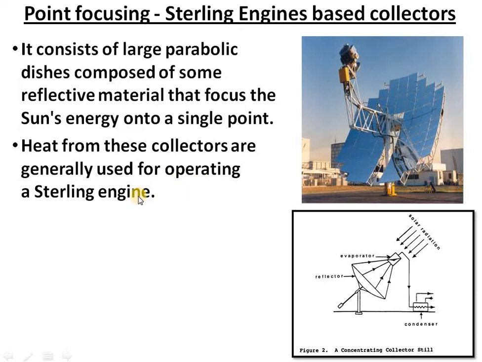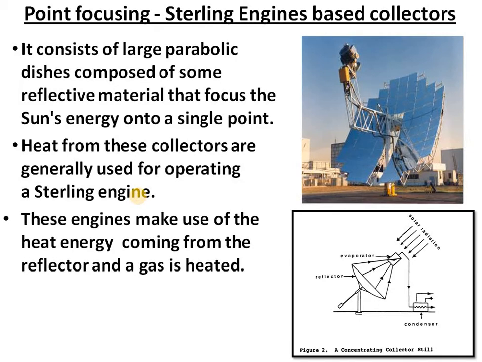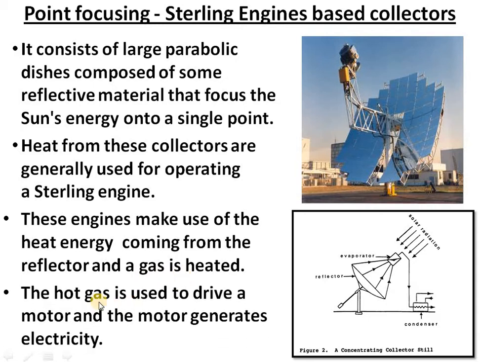Yeah, that's the name of that engine. Okay, not the name of the inventor scientist. Okay, and as I told you, these engines make use of the heat energy coming from the reflector, and a gas is heated. And the hot gas is used to drive a motor, and the motor generates electricity, just like in an electric generator.